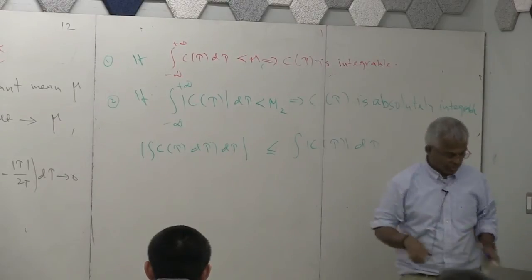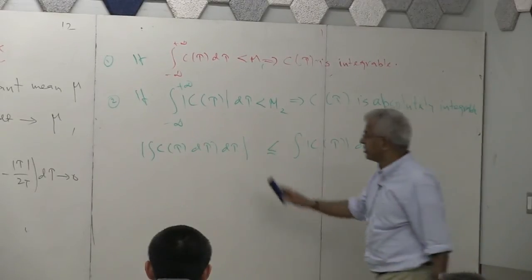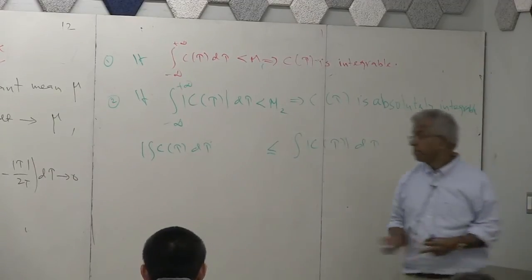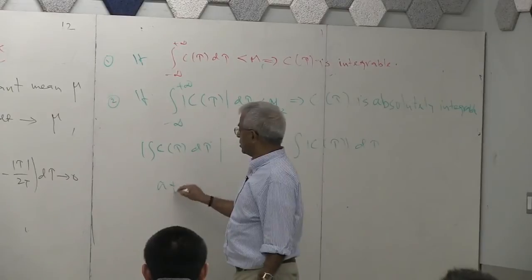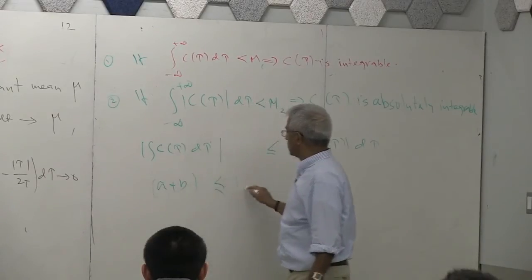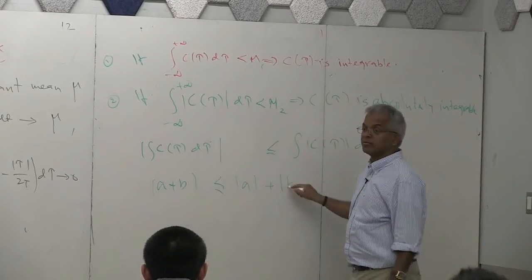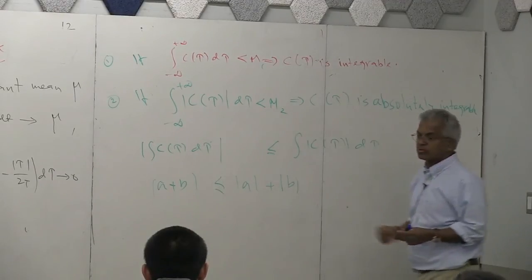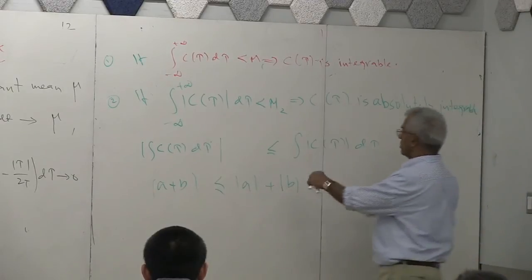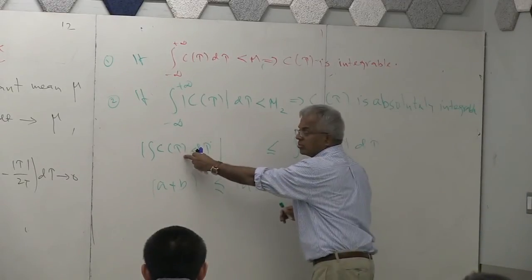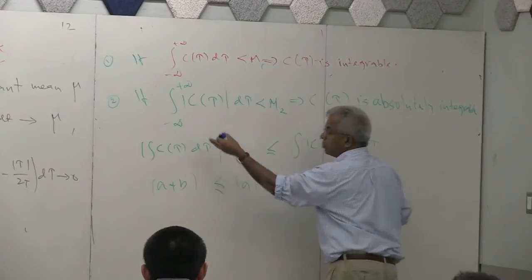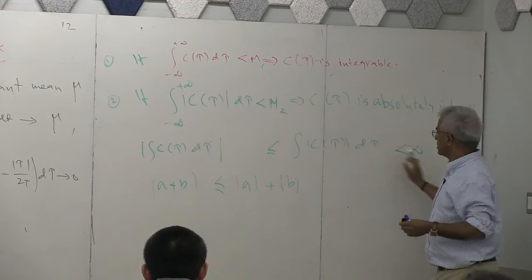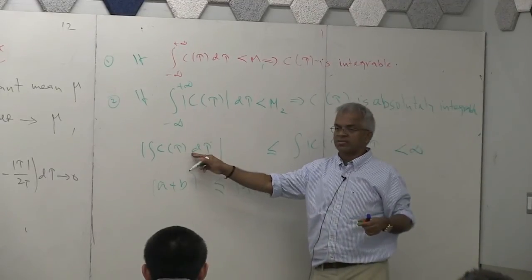Why is this true? If I have a plus b less than or equal to, why is this true? So once you convince yourself of this, you see, if 2 is true, 1 is true. But if 1 is true, 2 may not be true. Suppose this is less than infinity, then this is definitely less than infinity.